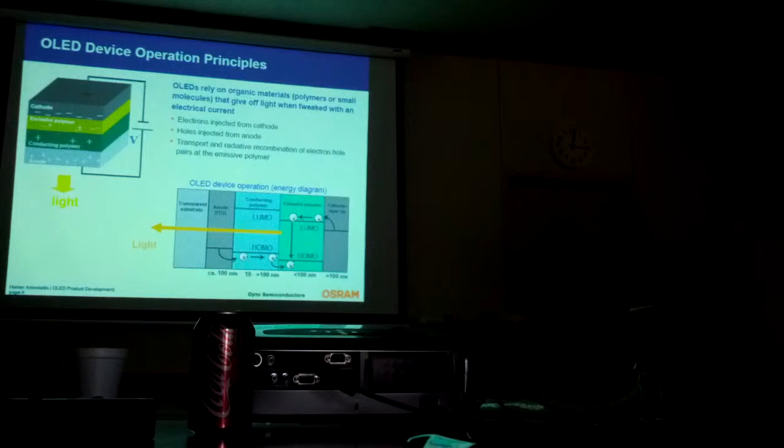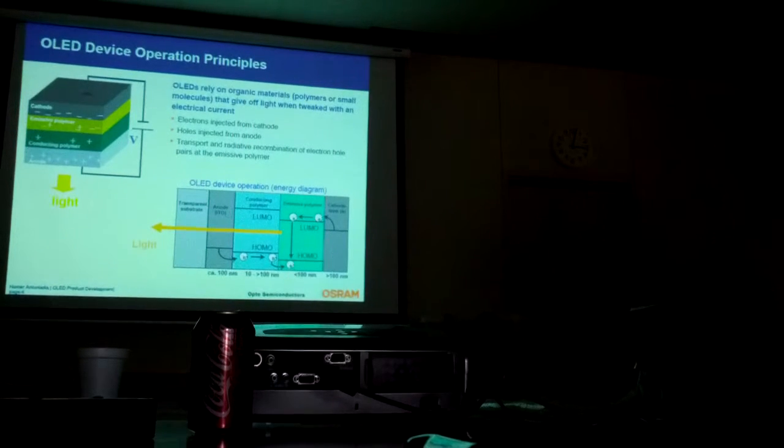So anyway, this is showing us with the charge, and then these are the two fancy terms I was looking for, LUMO and HOMO, and if anybody wants to know that, I'll tell you later. I have to look it up.